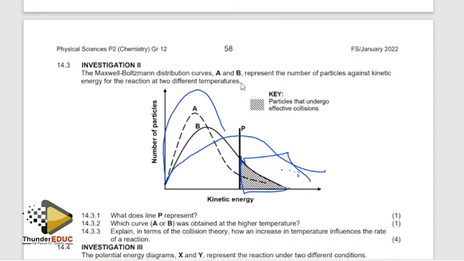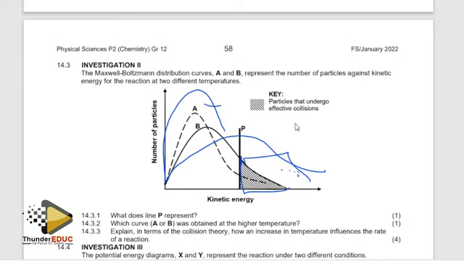Then now when they ask you how to explain the reaction using the collision theory, the increase in temperature or a catalyst, please make sure that you know when you explain this, there are some things we are looking at.